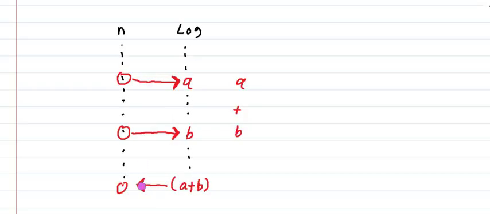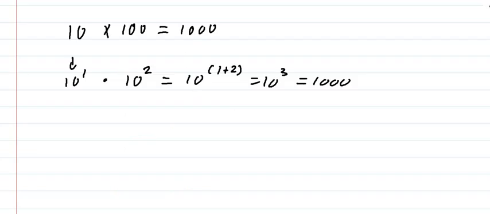The logarithm is simply the power. So in this case the logarithm of 10 is the number 1. Here the logarithm of 100 is 2. And here the logarithm of 1000 is 1 plus 2, which is 3.